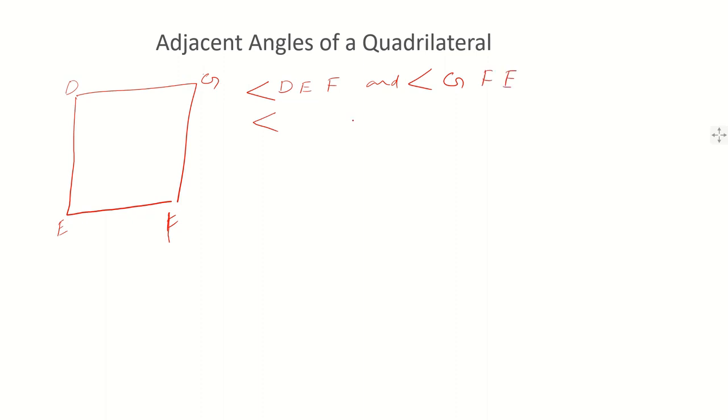Can we say they are adjacent? Baju baju mein hai? Yes. D, E, F and G, E, F. And then G, F, E. This angle is adjacent to angle F, G, D. Angle F, G, D is adjacent to this one, G, D, E. Here also we can write.